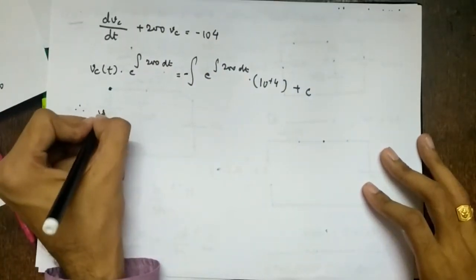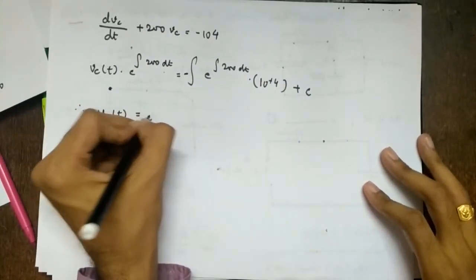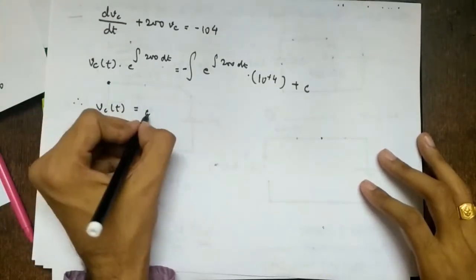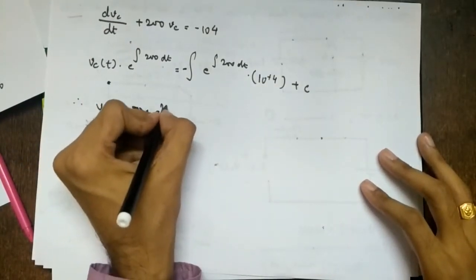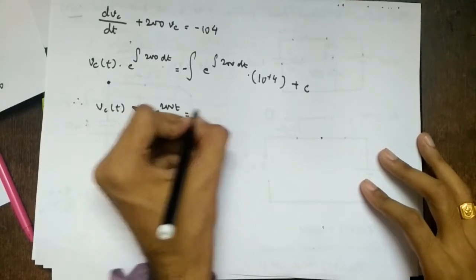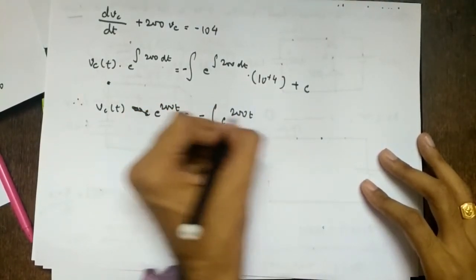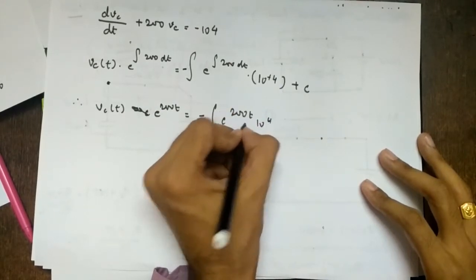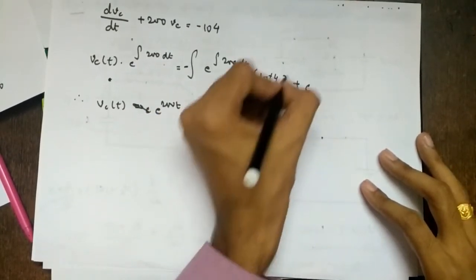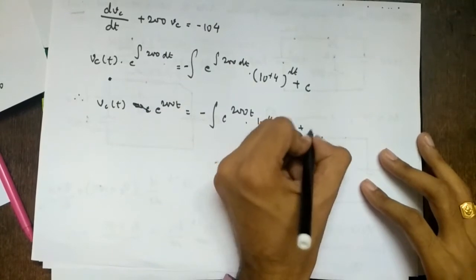So therefore Vc of t, again this will be e raised to 200t equal to minus integral of e raised to 200t into 10 raised to 4. I should have taken this outside, dt. This will be dt plus c.